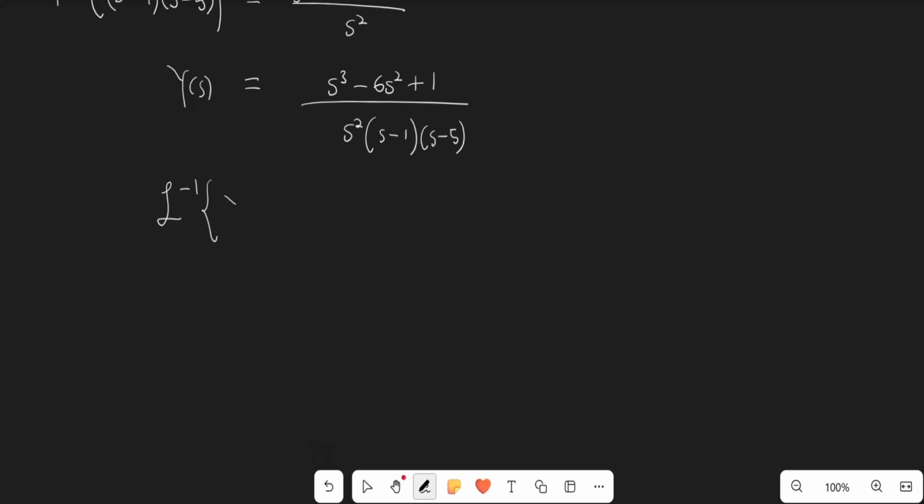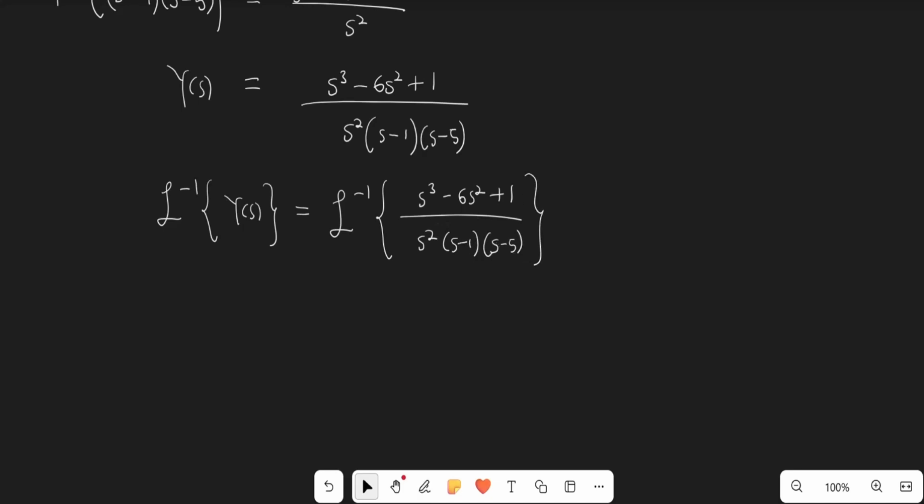So the Laplace inverse of capital Y(s), and we are doing the same thing to the right hand side, the Laplace inverse of (s^3 - 6s^2 + 1) divided by s^2 (s - 1), multiplied by (s - 5), like this.